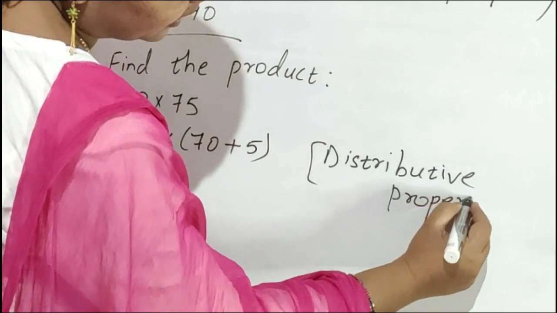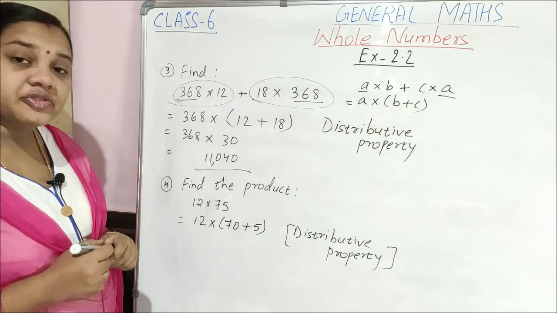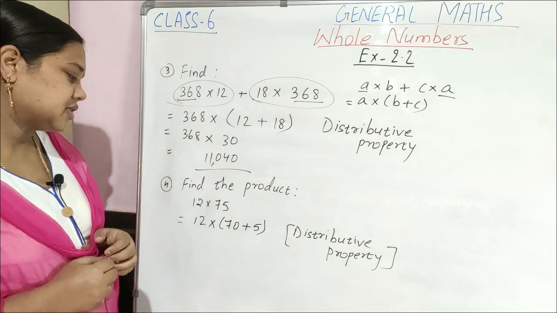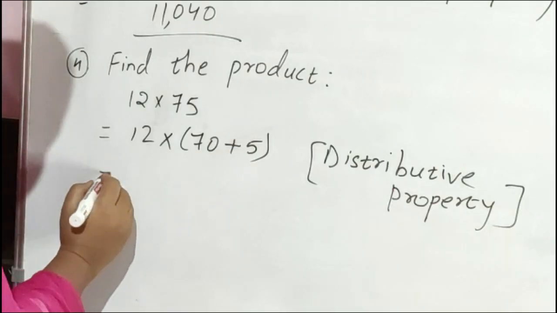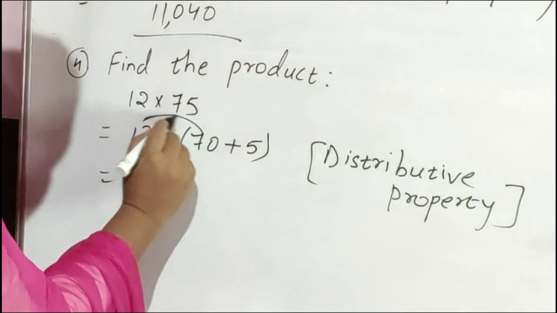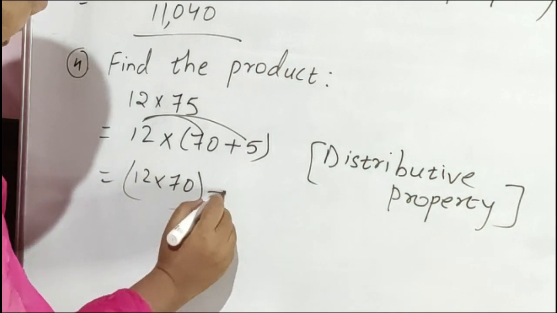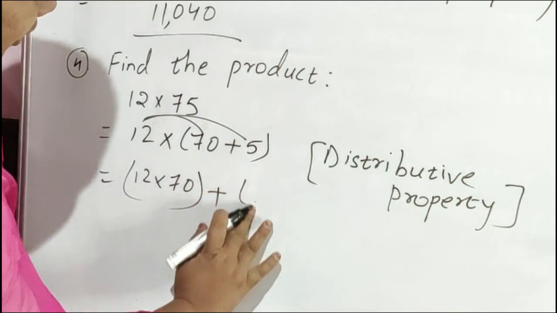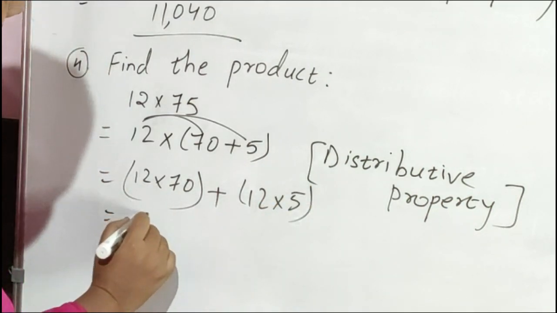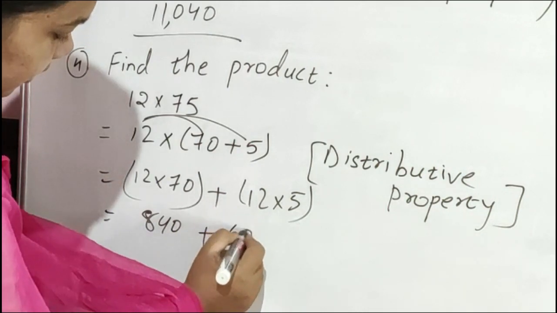In short, we are saying what is actually distributive property, distributive law or distributive property of multiplication over addition. Is it or not? Next, A into B plus C. How to write? A into B plus A into C. 12 into 70 plus 12 into 5. 12 into 70 how much? 840 plus 60.